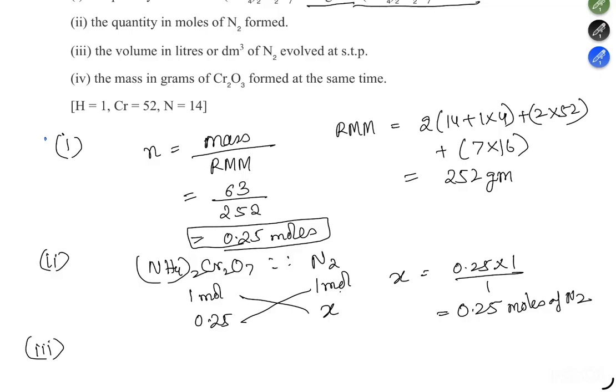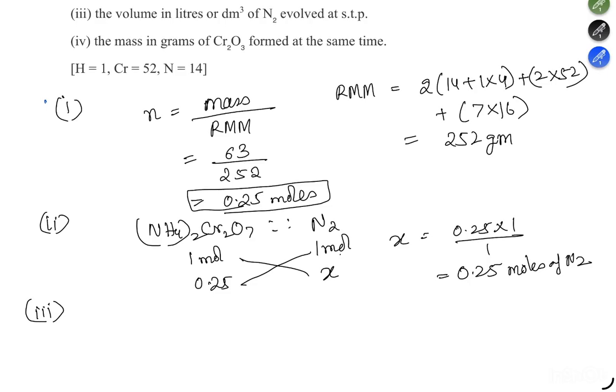Now the third part they are asking the volume in liters of nitrogen gas. Now we know the moles of nitrogen gas, okay? So to calculate the volume, as you know the moles formula, it is the given volume upon the molar volume. The moles we know, 0.25, and the molar volume is 22.4 liter.